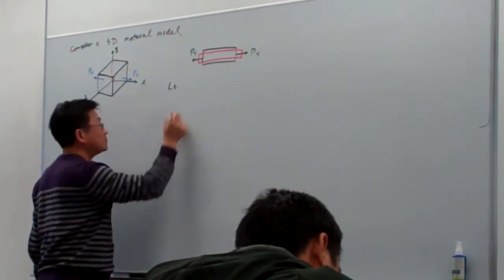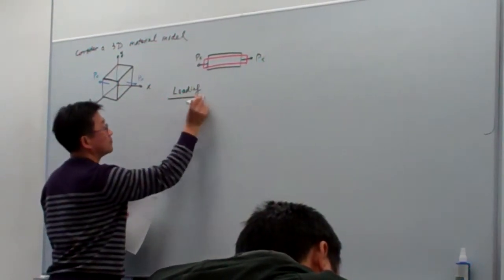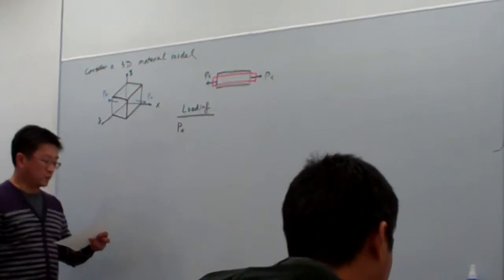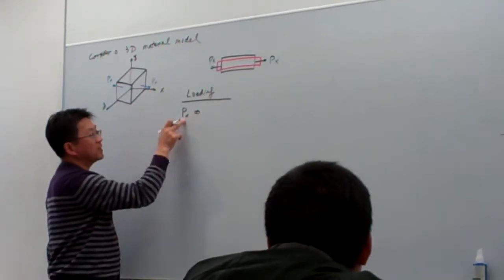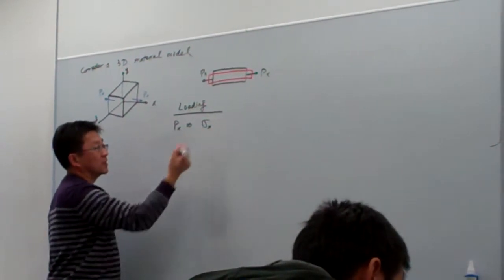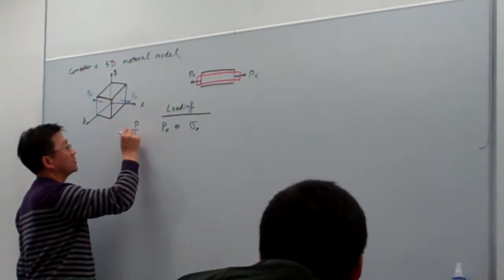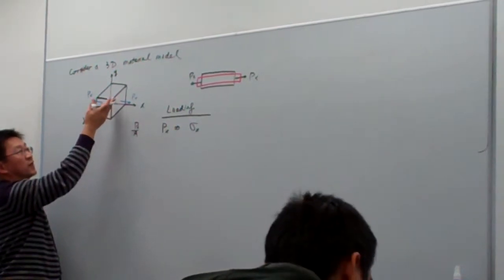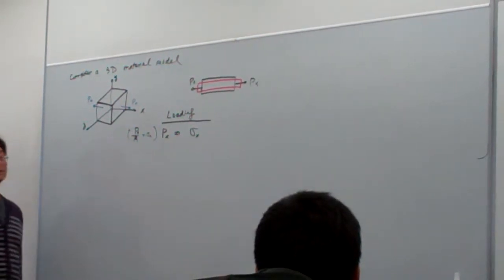The loading here is in the x direction, we call it Px. Dividing Px by the cross-sectional area, we have the stress in the x direction, called sigma x. Simply, this is Px divided by A. Let me assume the cross-sectional area in each direction is equal to A. So that is sigma x.